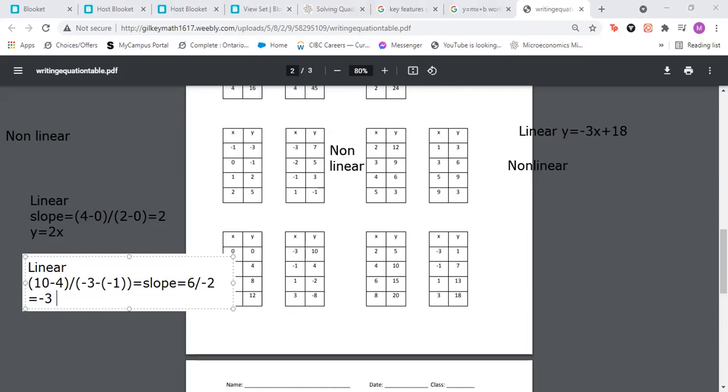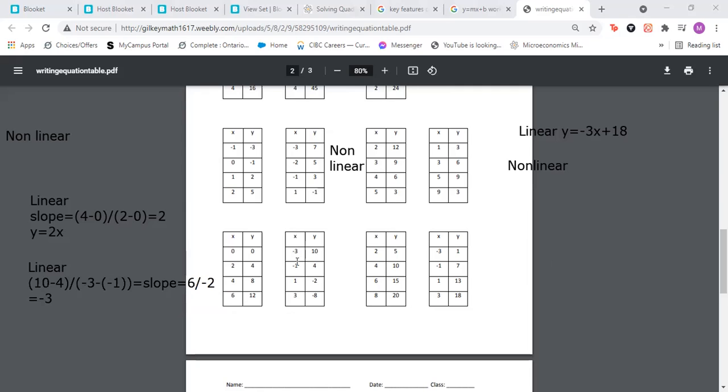Oh wait. Minus. I'm confused. So you've got -3 equals x, -1 equals x, 1 equals x, 3 equals x. There's no 0 equals x in the table values, so you have to calculate what the y value would be for x equals 0.